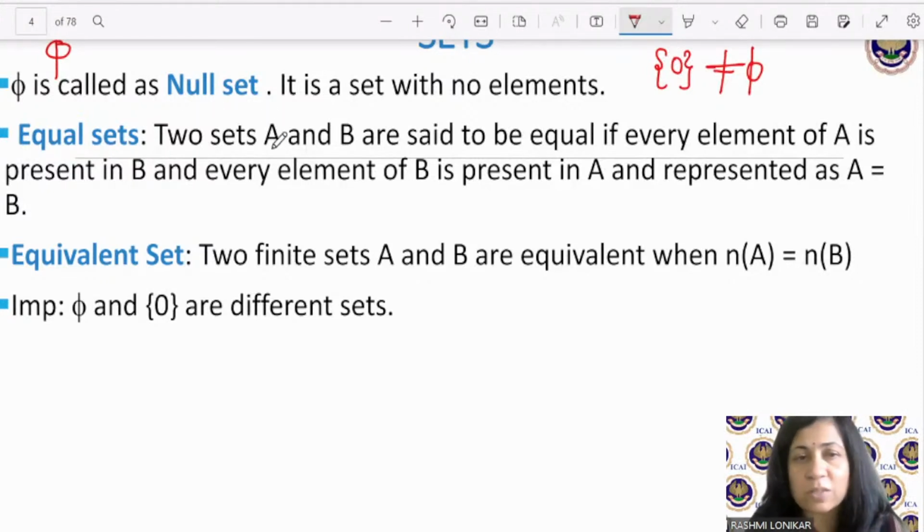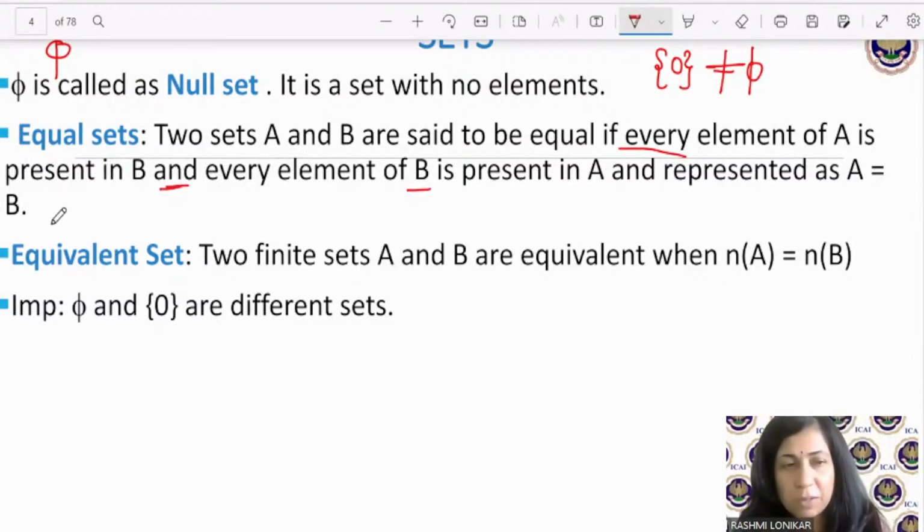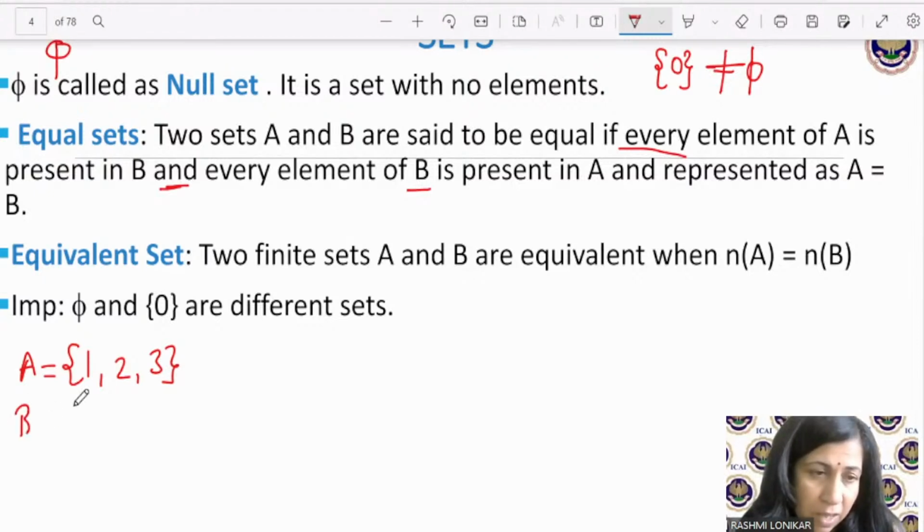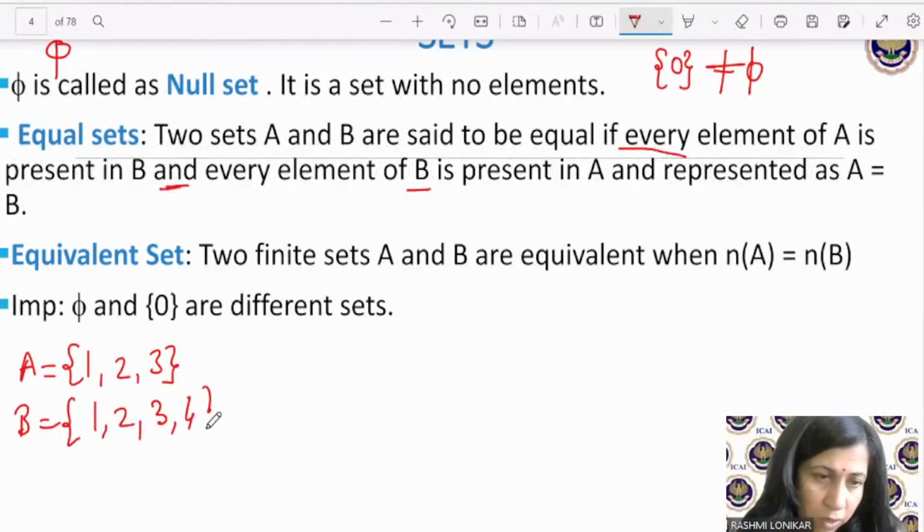So equal sets: two sets A and B are said to be equal if every element of A is present in B and every element of B is present in A. So this AND is also very important, and it is represented by A is equal to B. So suppose I have A as 1, 2, 3 and B as 1, 2, 3, 4.